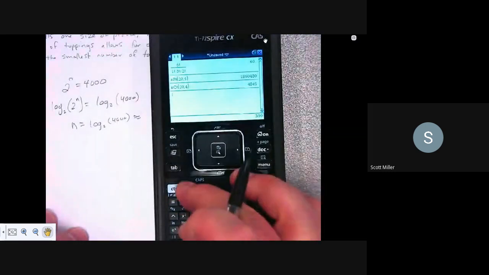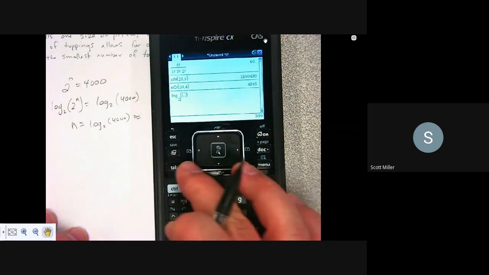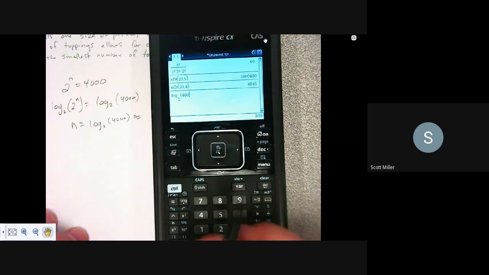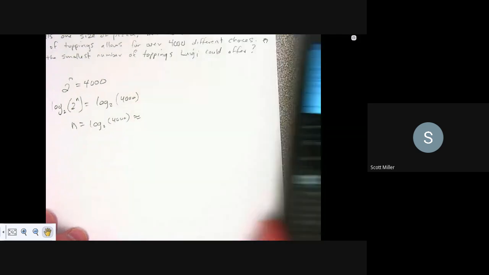And then I can use my calculator to approximate this out. So we have the log base 2 of 4,000. And I get 11.965, which tells me what? Well, I can't have a fraction of a topping. This is what gives me 4,000.